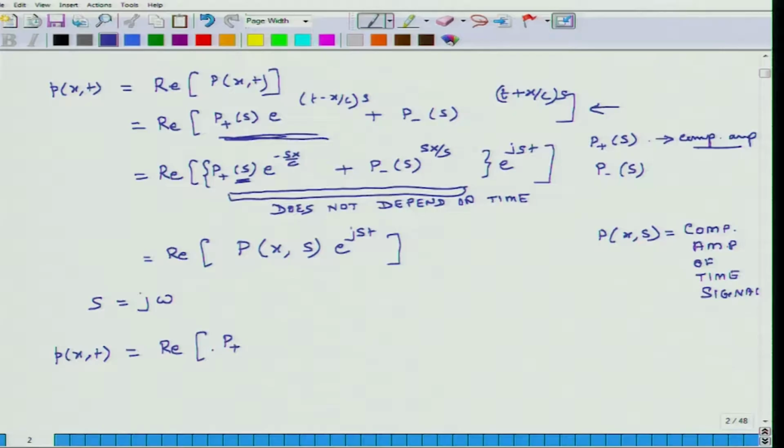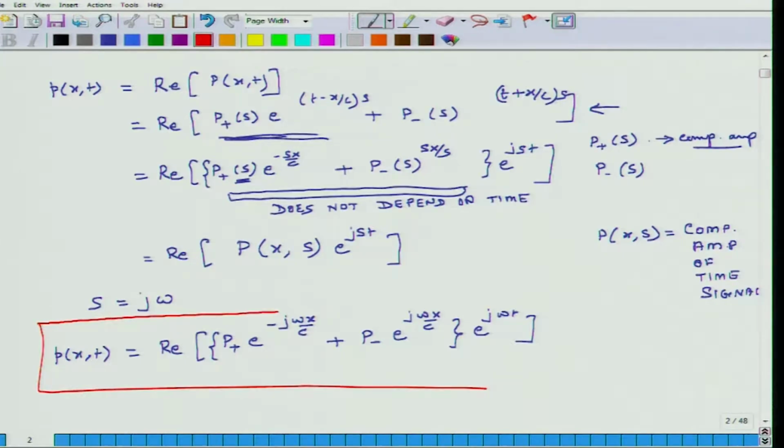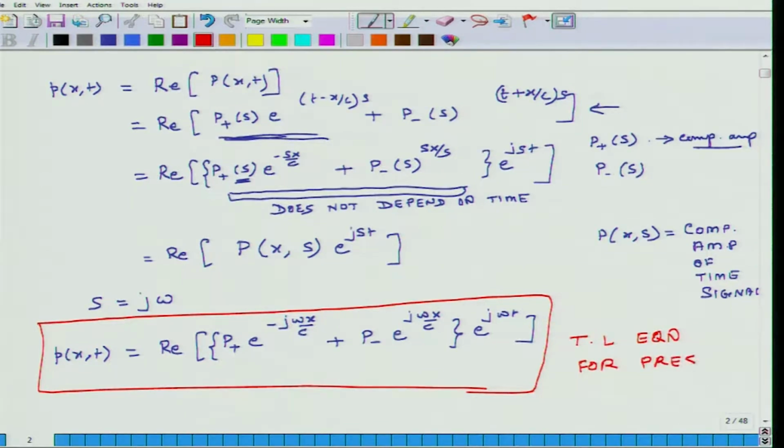So then it is real of p plus e to the power of minus j omega x over c plus p minus e to the power of j omega x over c. I can put these in brackets, times e to the power of j omega t. This equation, which I have bracketed in red, is called the transmission line equation for pressure.